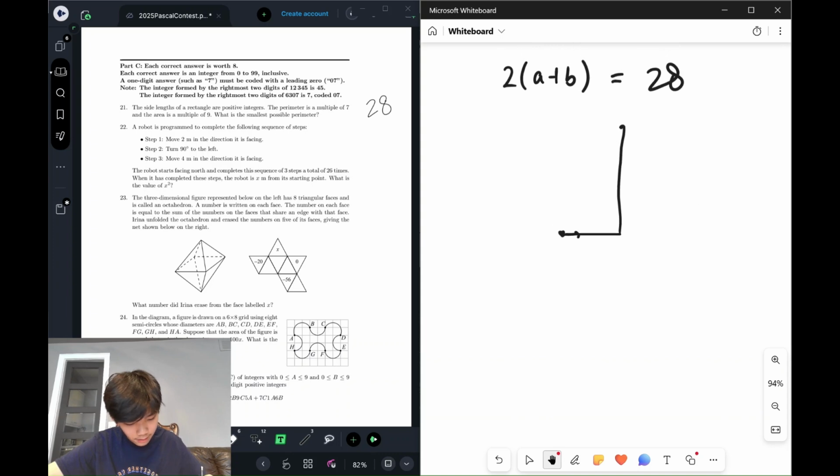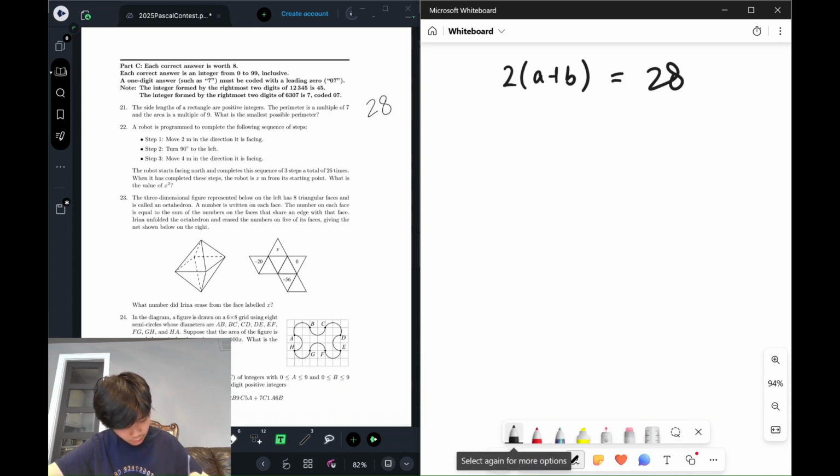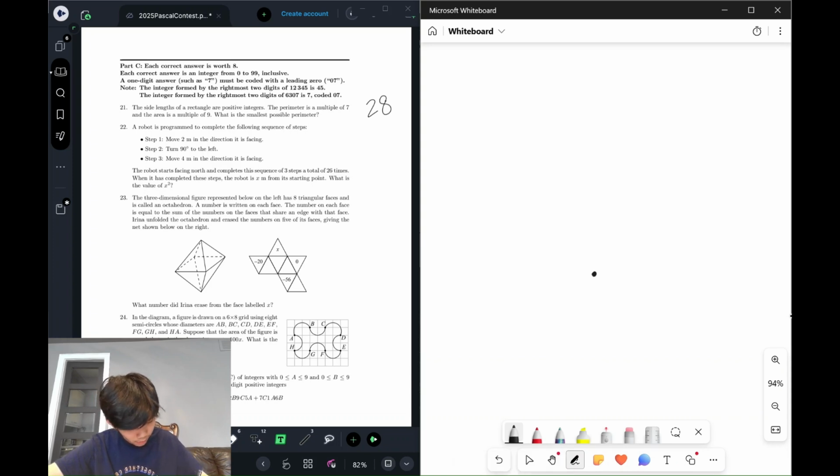I actually need some more space, so I'm going to erase this and move down a bit. Say we start here. We go 2 meters in the direction we're facing and 4 meters after turning left. Notice that after this we don't actually turn.